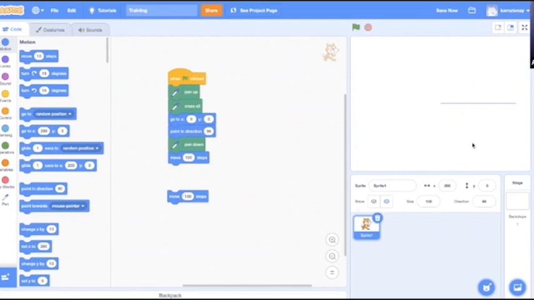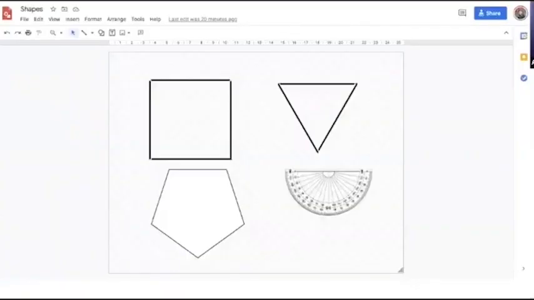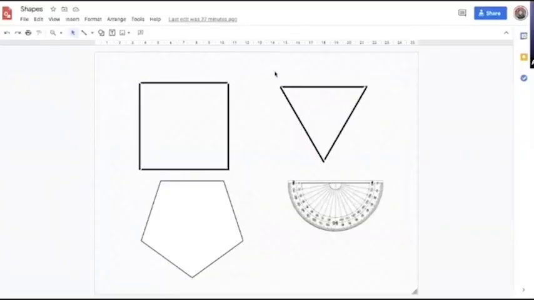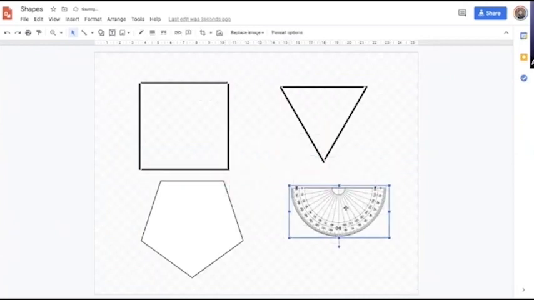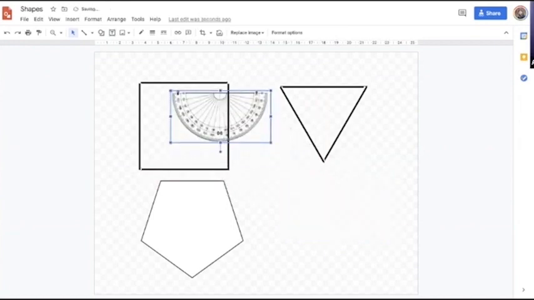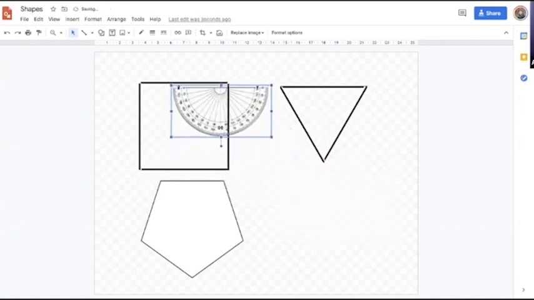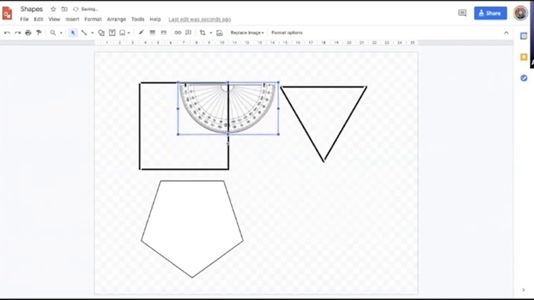So what needs to happen here is we need to rotate the sprite in order to draw the next line. Currently, it is facing towards the right. We want it to face towards the ground. So I have made this drawing over here. Let us use a protractor over the top of this square we are trying to draw and see what that angle would be.